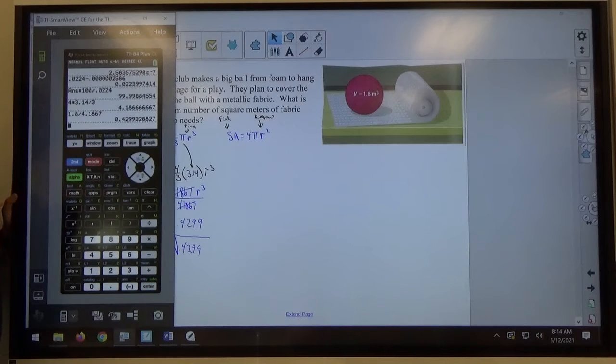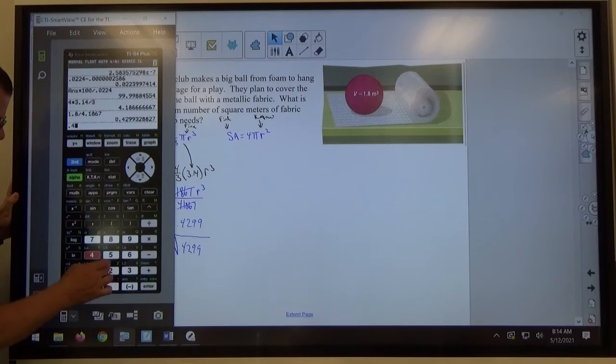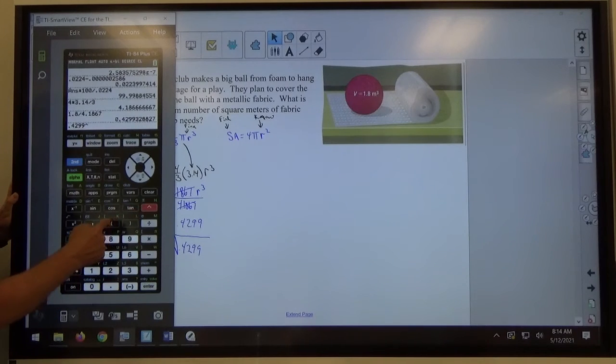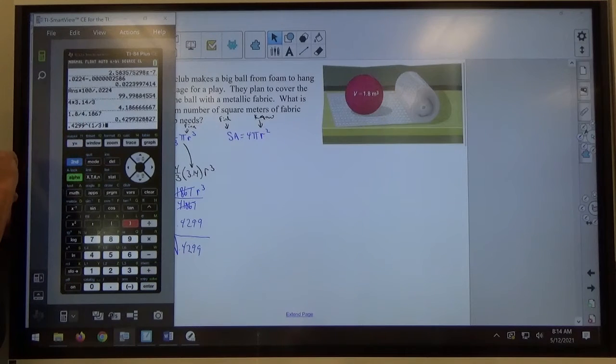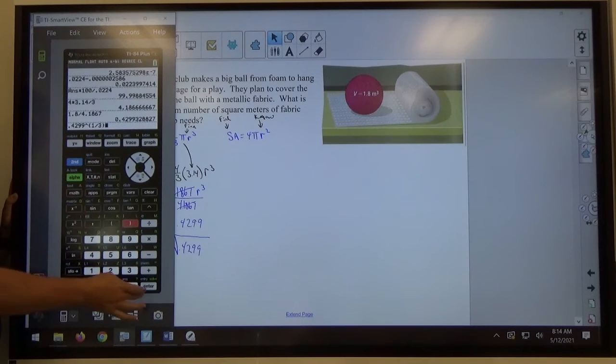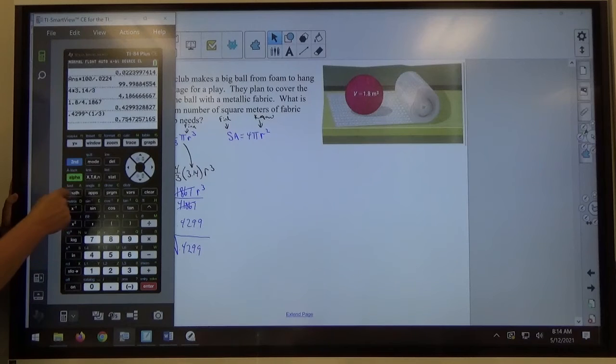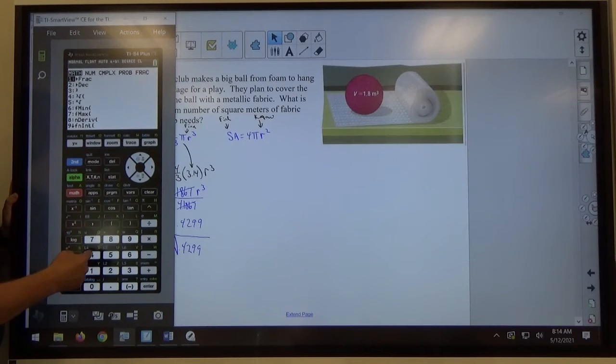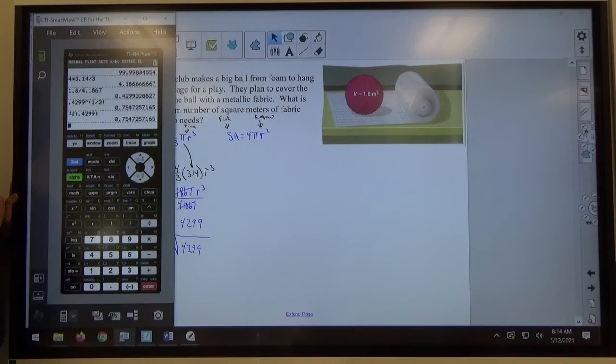Another way of doing it is that it's the same as the 1/3 power. So I'll demonstrate 0.4299 caret, parentheses, 1/3, end parentheses. You want to put the 1/3 in parentheses, otherwise it'll take the first power divided by 3. That's the cube root. If I use the cube root button on 0.4299, it's still the cube root.